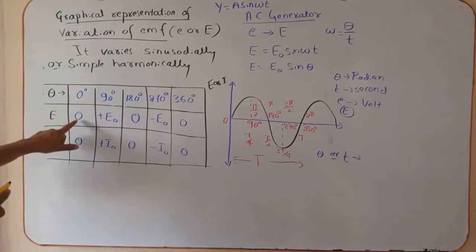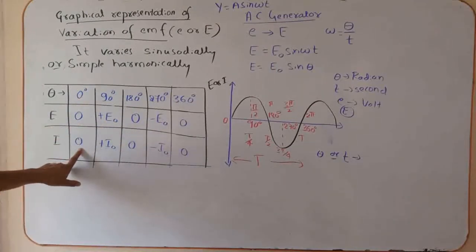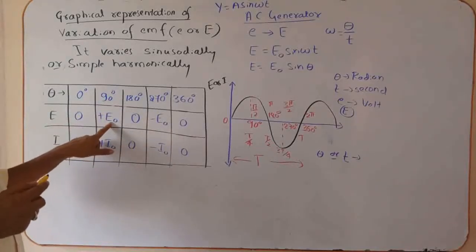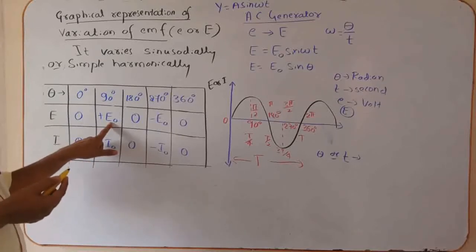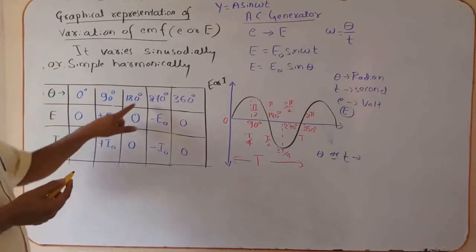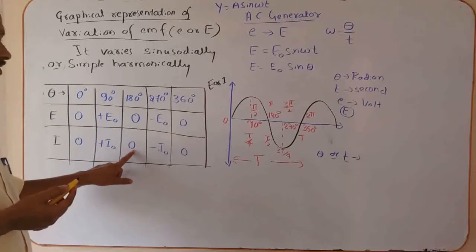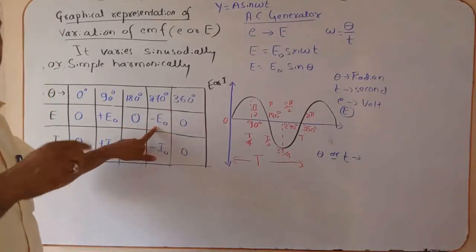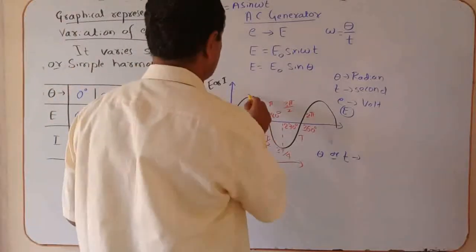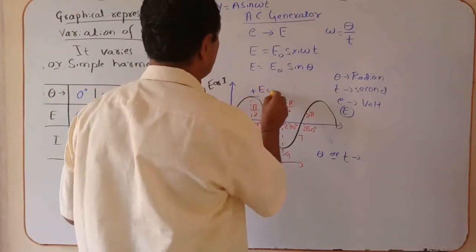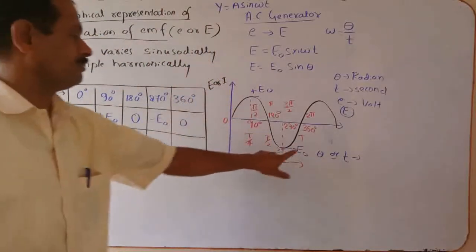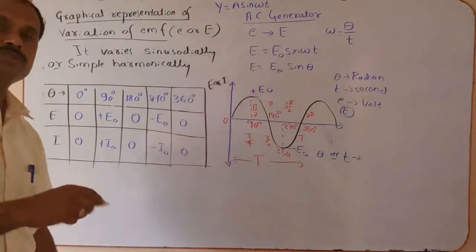For 0 degree, EMF is 0 and current is also 0. For 90 degree, you get the peak, maximum value of the EMF and current. For 180 degree again you get 0, and for 270 degree again you get the maximum, but in the opposite direction. This is plus E naught, and here minus E naught; it is the peak value but in the opposite direction.